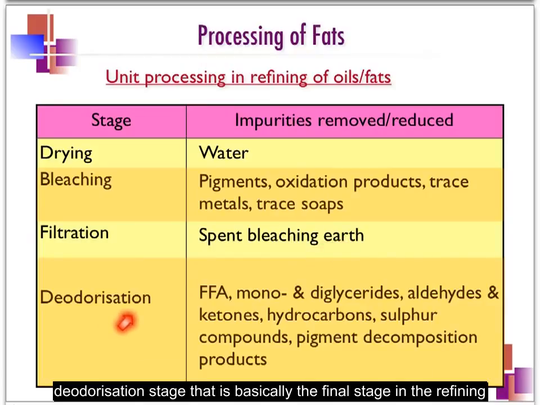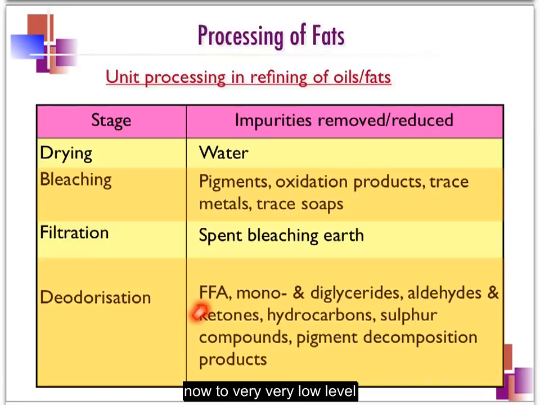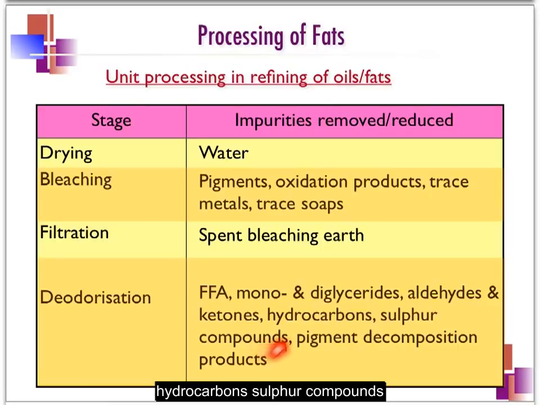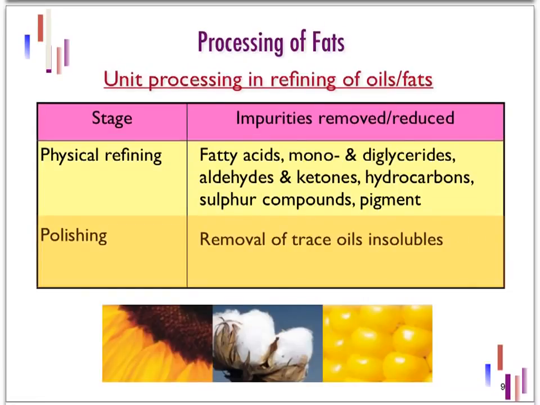Deodorization is basically the final step in the refining. This involves a high temperature process to remove the volatile fatty acids down to a very low level, and also to remove some residual mono and diglycerides and other small compounds, aldehydes and ketones, hydrocarbons, sulfur compounds, and the products of pigment decomposition from the oil.